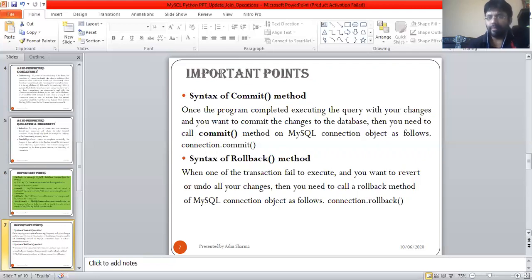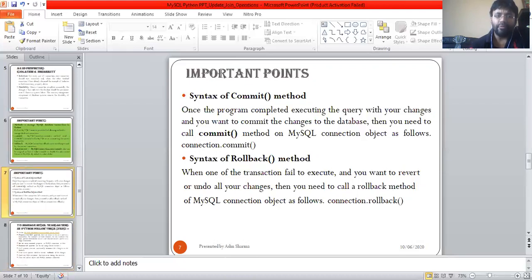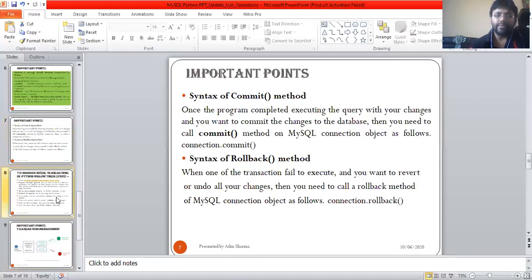Again, you create the connection object and call connection.rollback. So when any transaction fails, you roll back to revert or undo all your changes to the data. These two methods are very important for transaction management and performing transactions in the database.